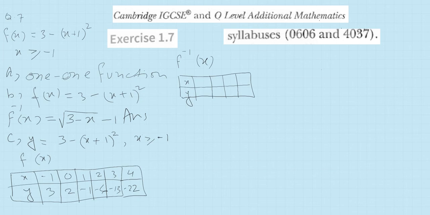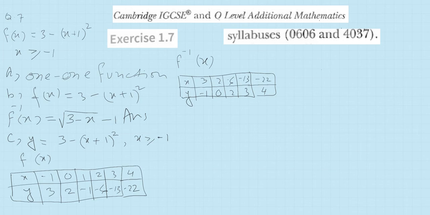So this is minus 1, 3. It will become 3, minus 1. This is 0, 2 becomes 2, 0. This is 2, minus 6 becomes minus 6, 2. This is 3, minus 13 becomes minus 13, 3. And this is 4, minus 22 becomes minus 22, 4. So these are the values of f(x) and f inverse x.